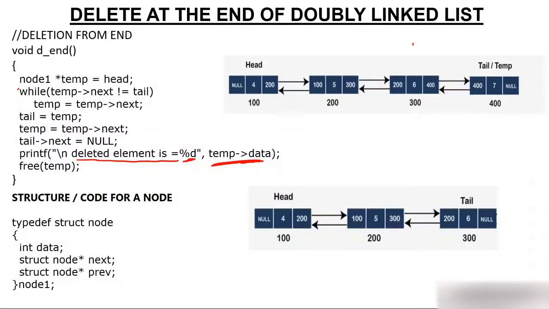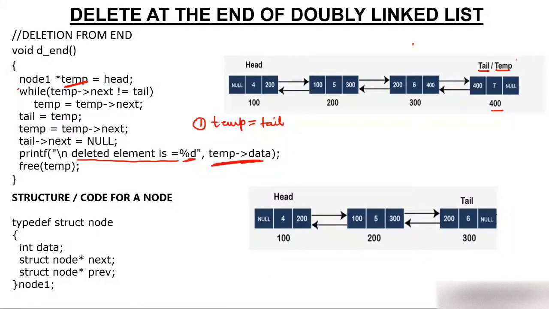Simply what I have to do is this. Since I have created a pointer temp, what I have to do first is initialize temp with tail. This was my first step. So tail and temp will be at the same position. Tail is having 400, so temp will also have 400.